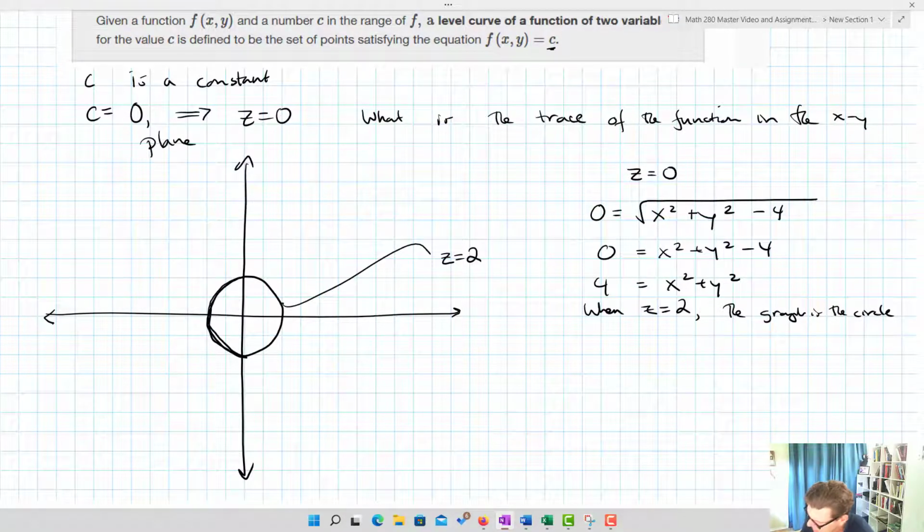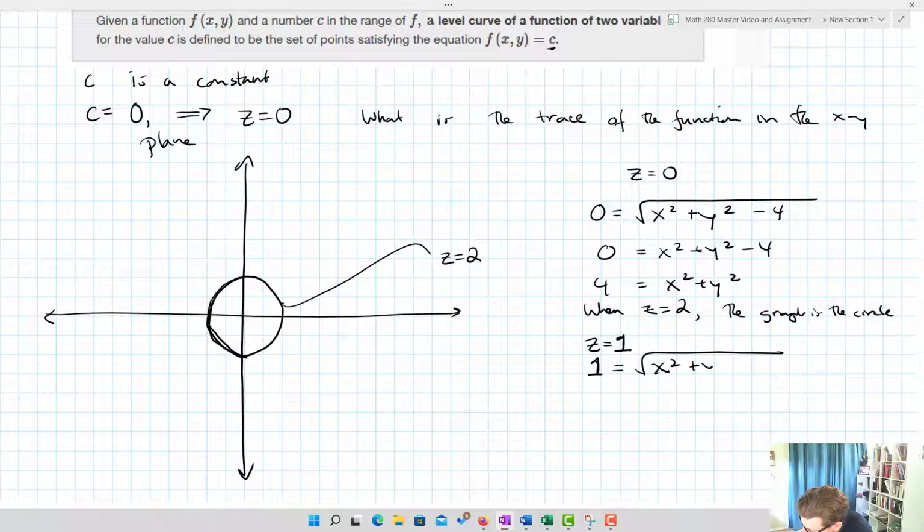They use that term. Now for the sake of ease, let's select the number 1. If I let z equal 1, I get 1 equals the square root of x squared plus y squared minus 4. That actually means that x squared plus y squared equals 5.